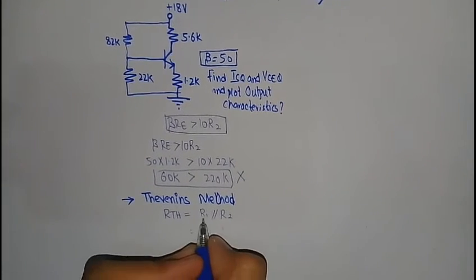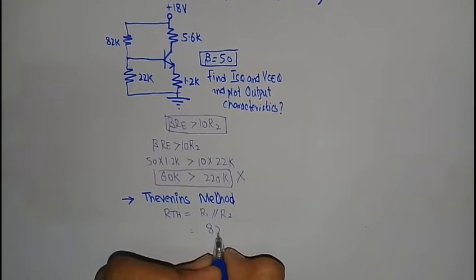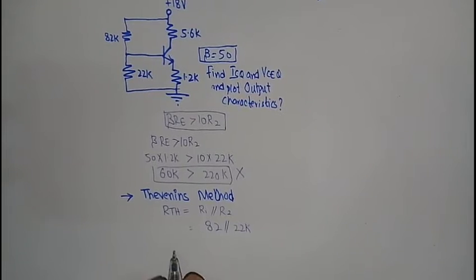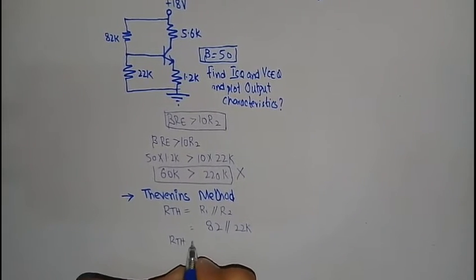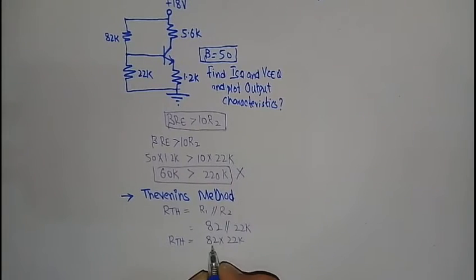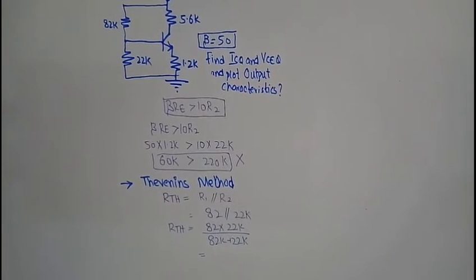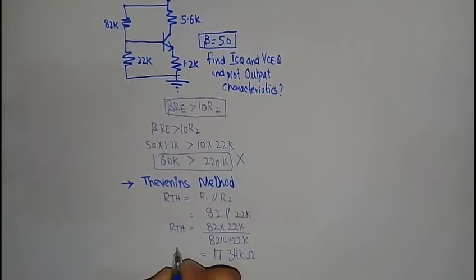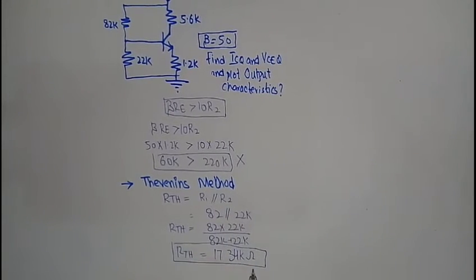So this will be equal to R1, 82k, in parallel with 22k. After evaluating 82k multiplied by 22k over 82k plus 22k, this will be equal to 17.34 kilo ohms, because this is the value of a resistance, so ohms is present there.